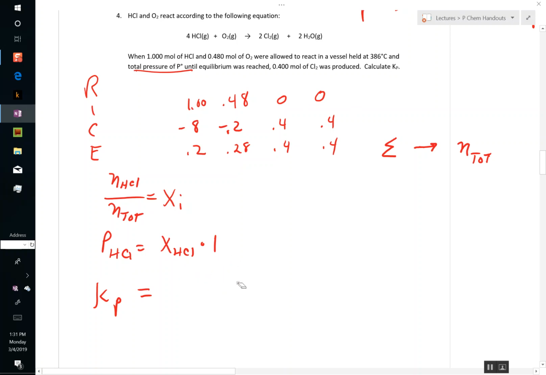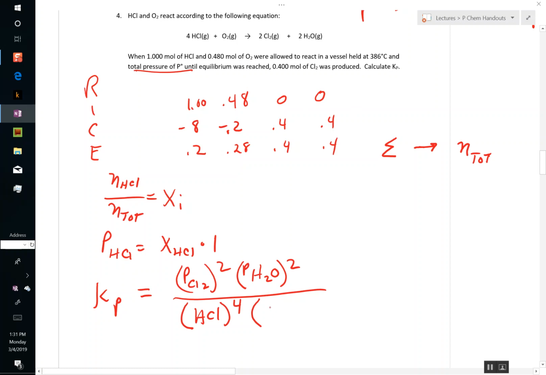I'm sorry. We need products in the numerator. So it's going to be the partial pressure of the chlorine squared, all divided by 1, times the partial pressure of the water squared, divided by the partial pressure of HCl to the 4th power times the partial pressure of oxygen to the 1st power.